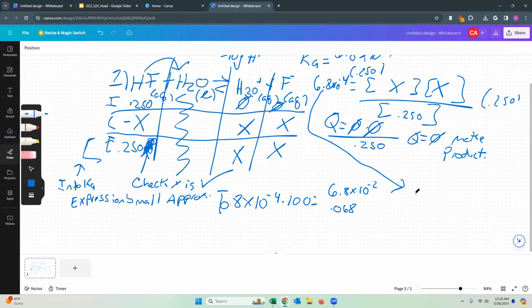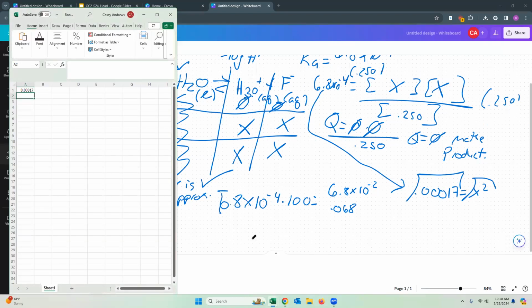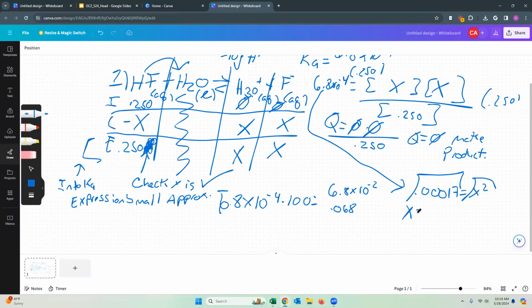So 0.00017 equals x squared. We want to do the square root of each side. So X equals the square root of that, X equals 0.0130. All right, and that is my H3O plus concentration.